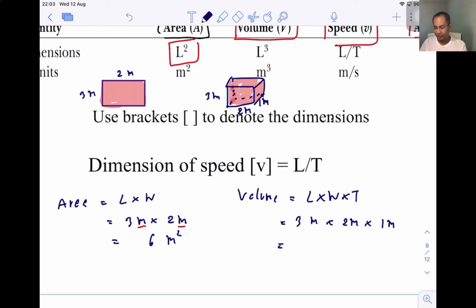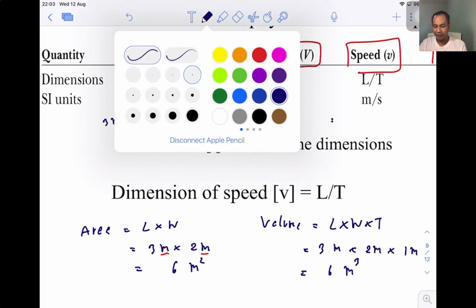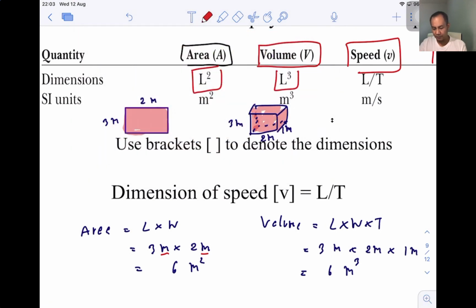So you can see here the unit will be meter cubic. Okay, so the dimension is L square, L cubic, and the SI unit is a meter square, meter cubic.